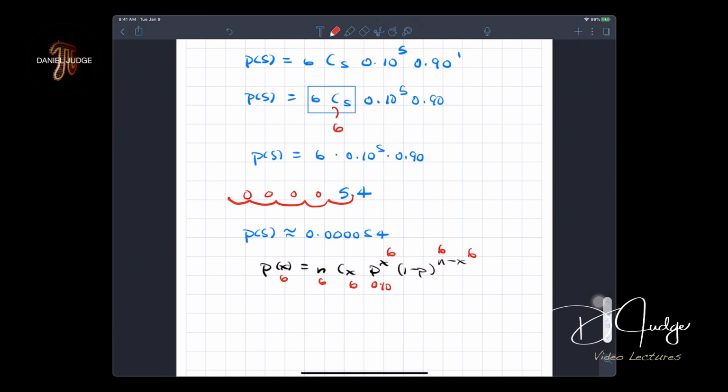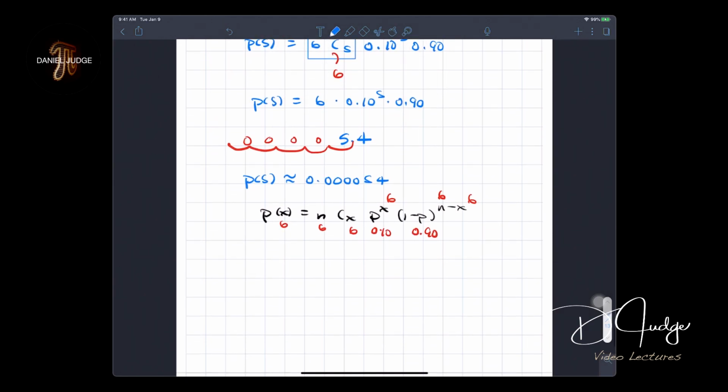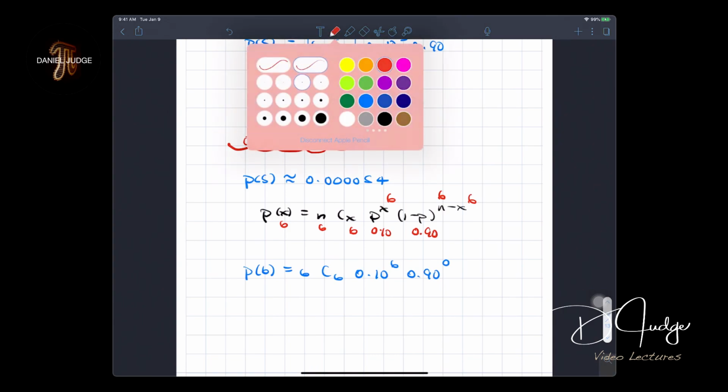Little p is 0.10, and the complement is 0.90. P of 6 is 6C6 times 0.10 to the 6 times 0.9 to the 6 minus 6, which is 0. 0.9 to the 0 power is going to be 1.